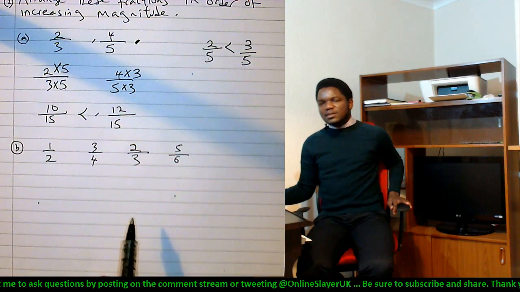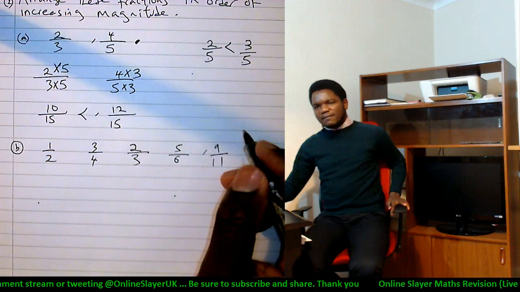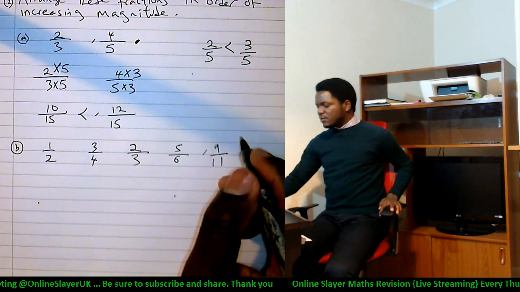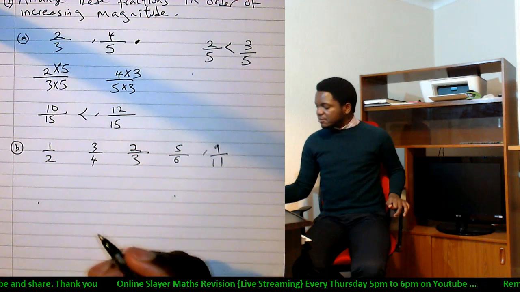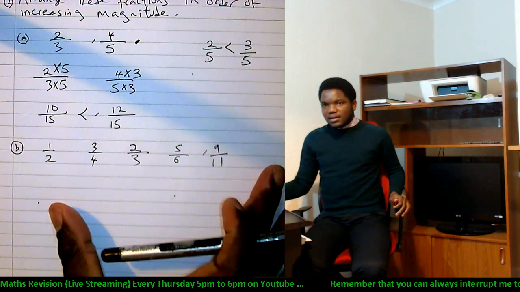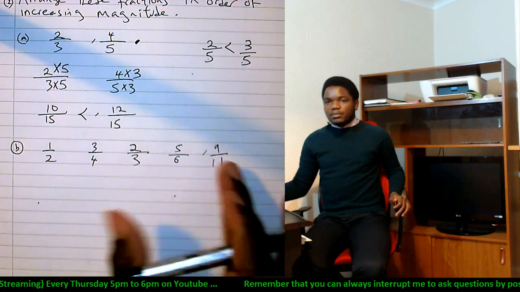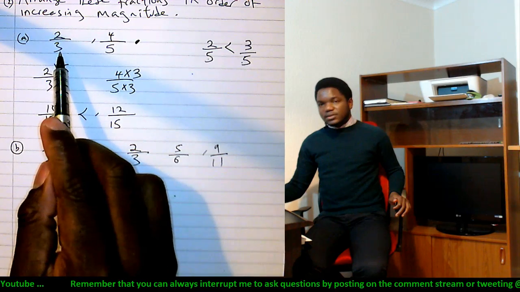That's going to be a little bit tedious, because what if you've got something like 9 over 11 as well? You're going to be having some really very cumbersome approach to that. So what we decide to do is to look for the smallest number that can take care of that problem for us.